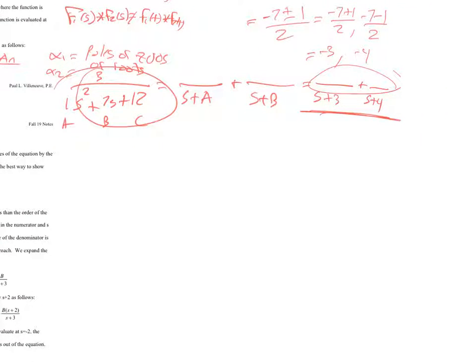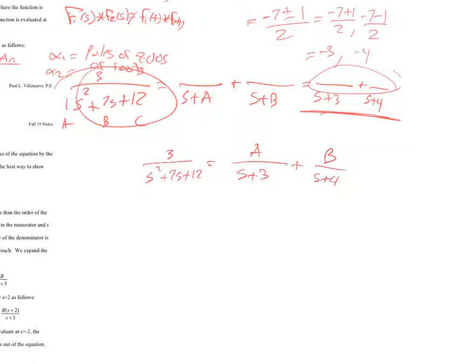So we know that we have, so let's rewrite this. We have 3 over s squared plus 7s plus 12 has to be equal to something over s plus 3 plus something over s plus 4, right? Let's just arbitrarily call it a and b, and we'll solve for a and b.